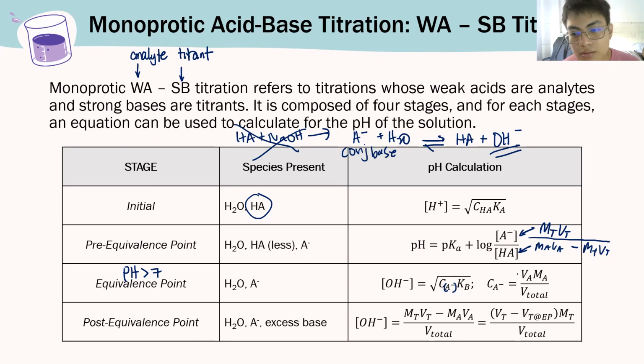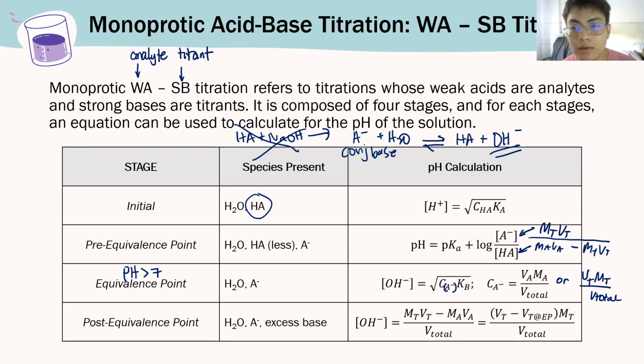The concentration of the conjugate base can be computed as the moles of the analyte over the total volume, or as the moles of the titrant over the total volume. So it is either of the two. Why? Because at equivalence, the amount of analyte and titrant are equal. That is how you will get the concentration of the conjugate base.